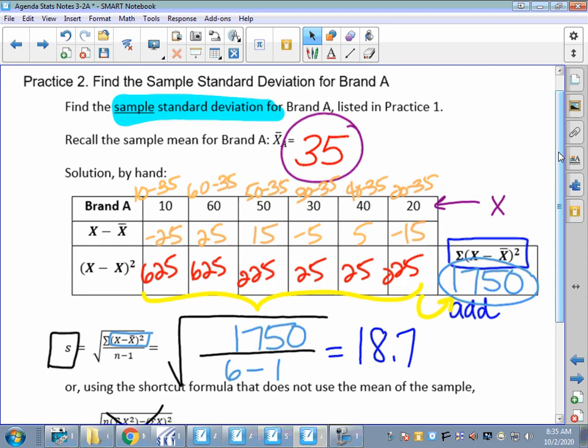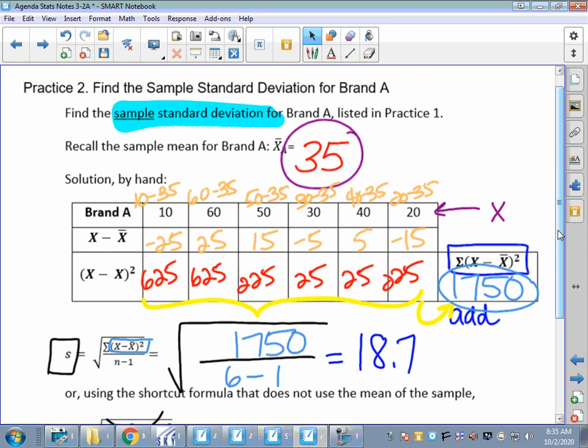So we're going to do some practicing with finding sample standard deviations, finding the range, which is easy, and finding our sample variance. We really did find our sample variance. Remember, we got 350 when we divided before we square rooted.